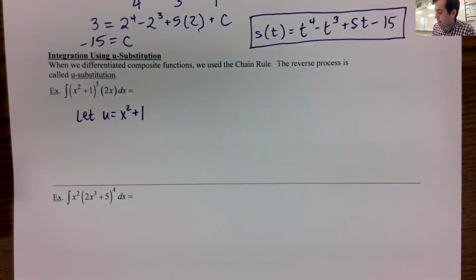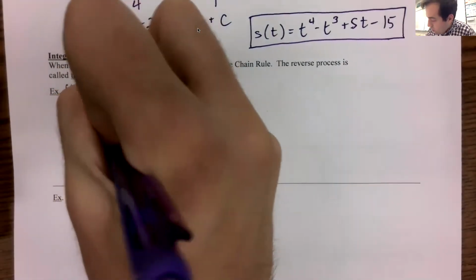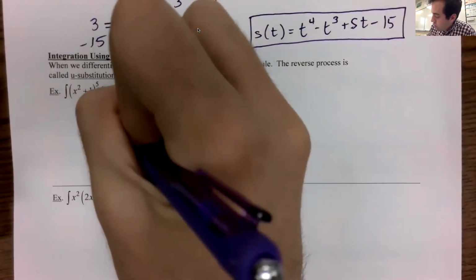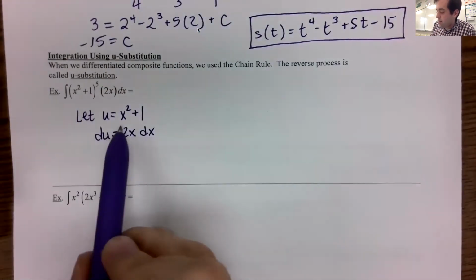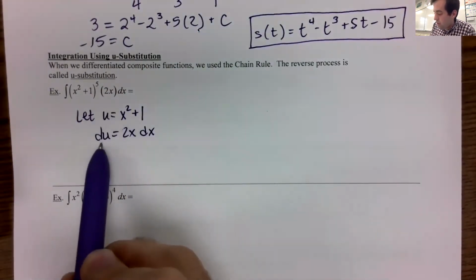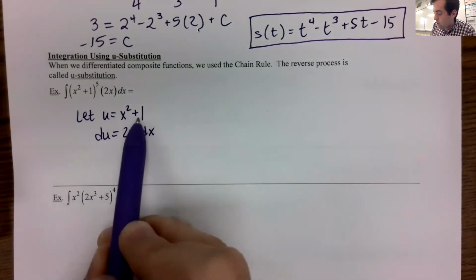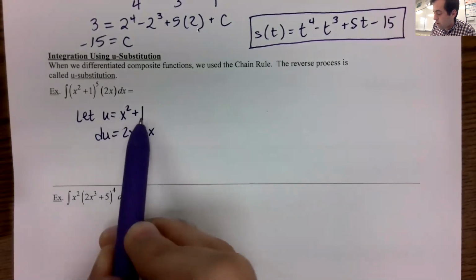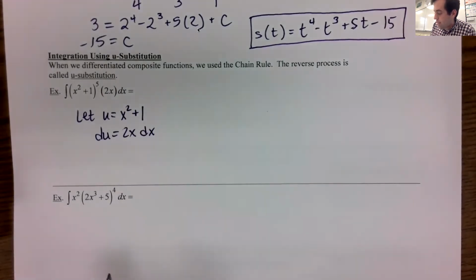And now if we take the derivative, and we're going to do that with these differentials, we're going to say du equals 2x dx. So you take u and it becomes du, and x squared plus 1 becomes 2x, right? The 1 goes away. And then we write dx at the end.